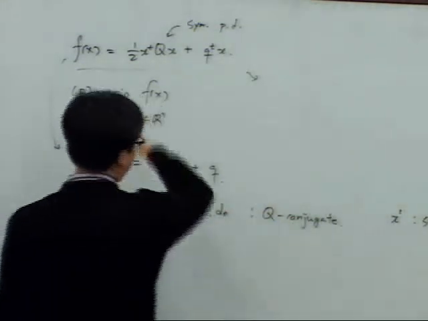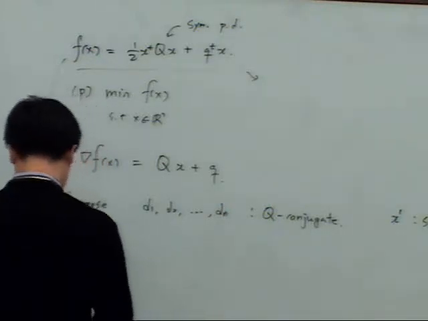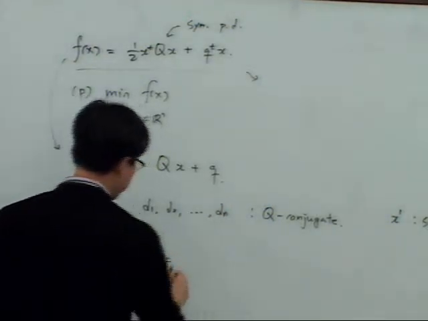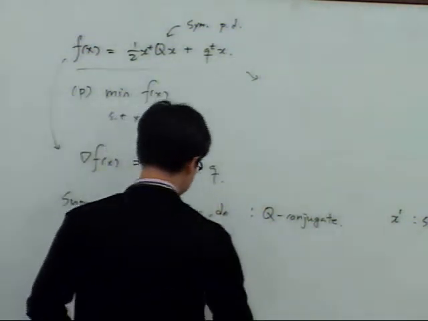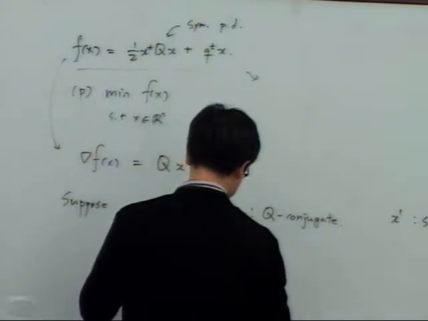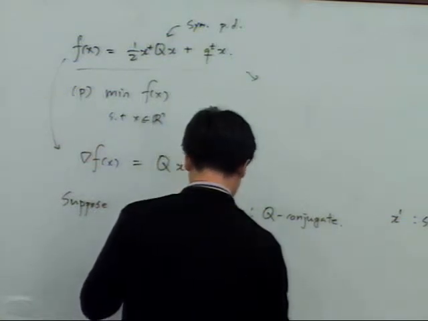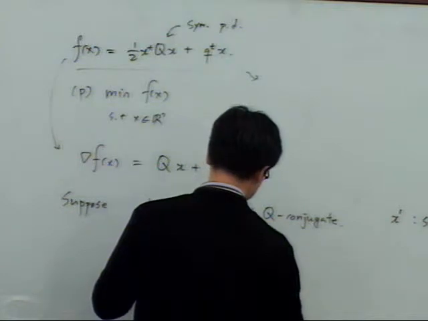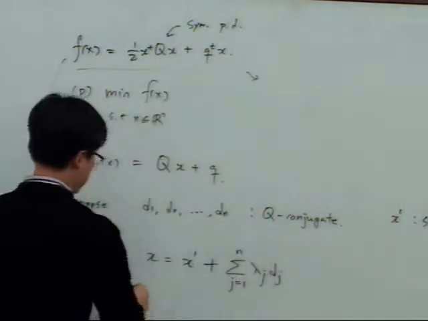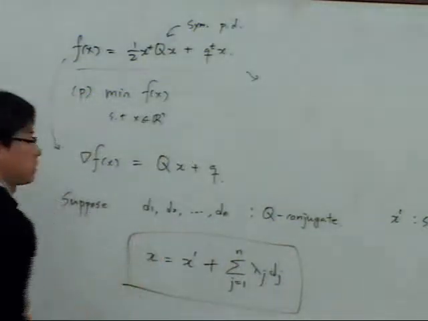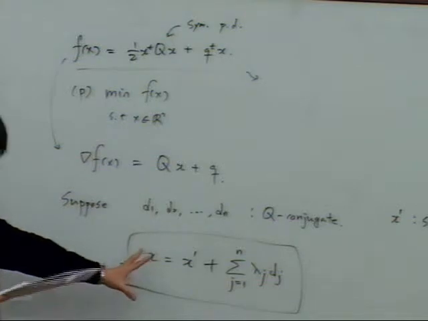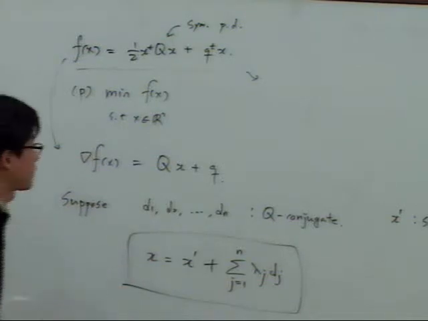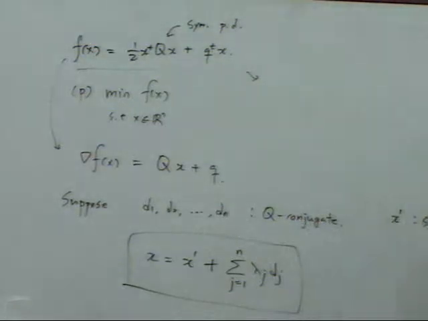And based on all this, we can apply these directions. The next point is from the starting point following these directions d_j. So we can follow this direction, right? And let's assume what will happen if we follow this direction.